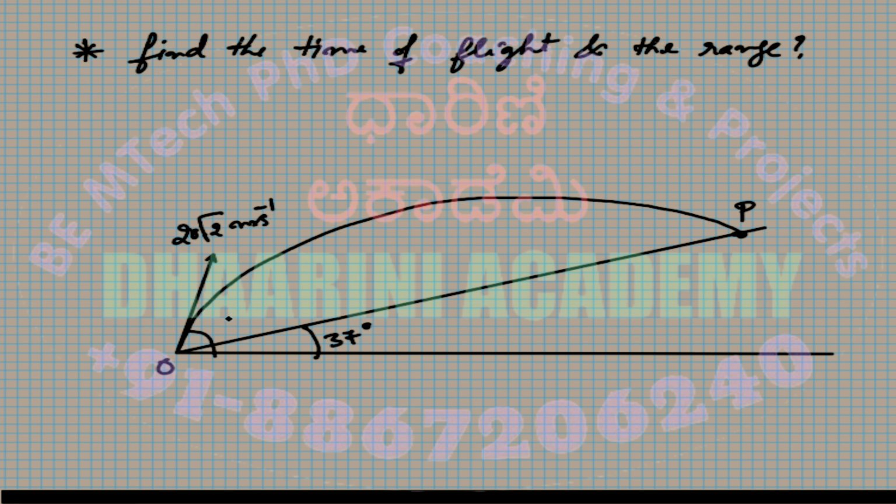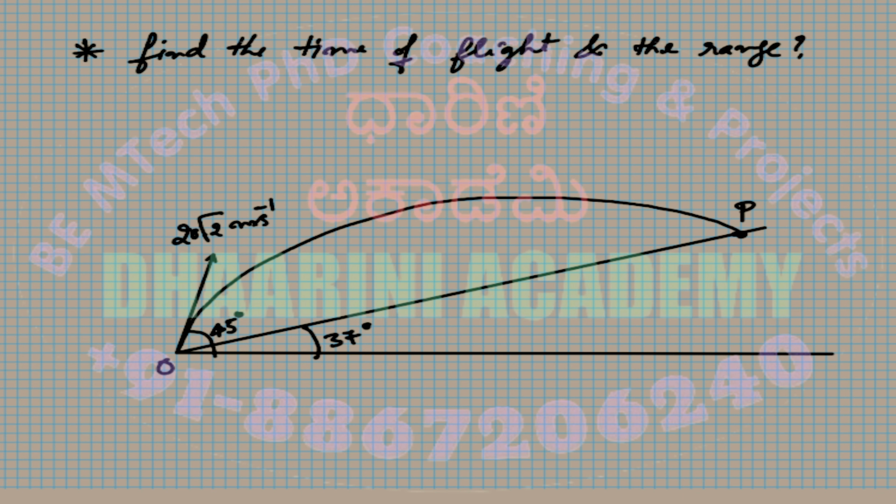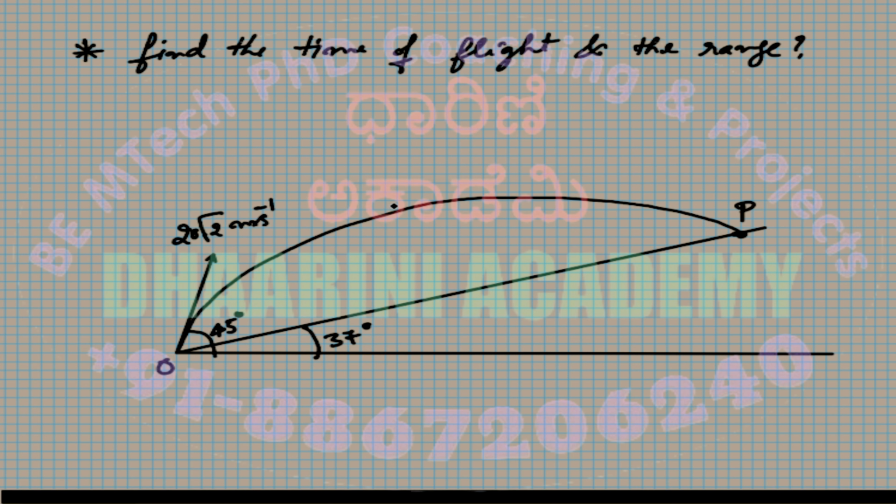So this is the given projectile motion along the inclined plane, which is up the plane, and we have to find the time of flight, the time taken to reach the point P from O along the projectile path, and the distance OP.